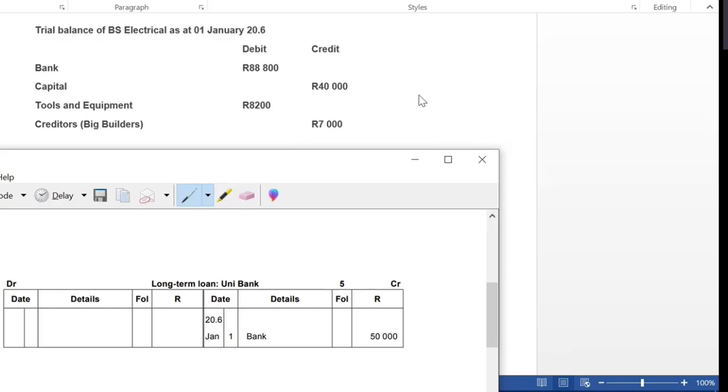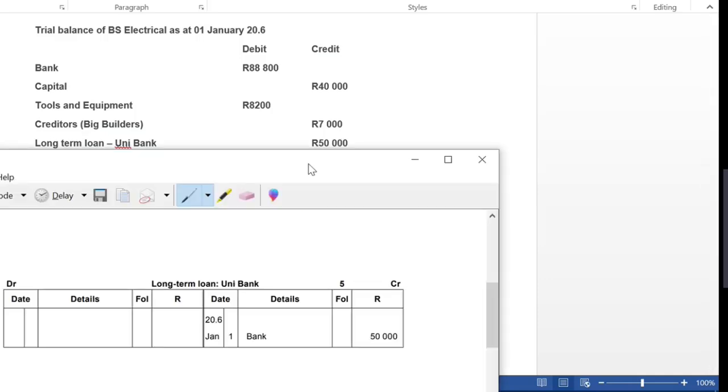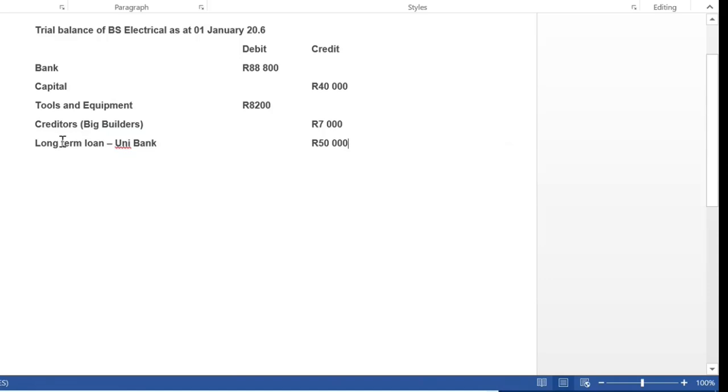Long-term loan is on which side? Credit. Long-term loan, Unibank.